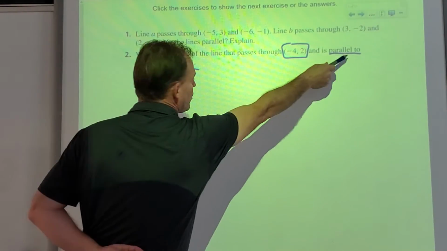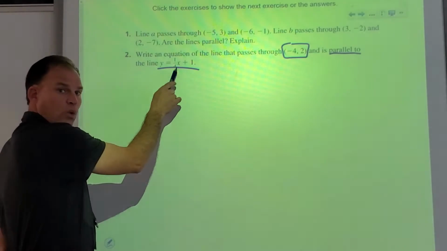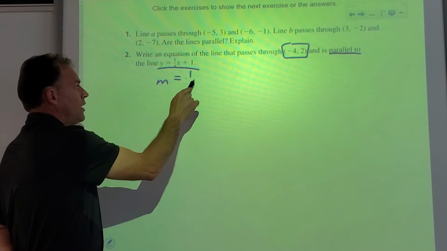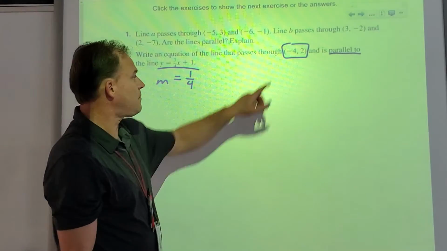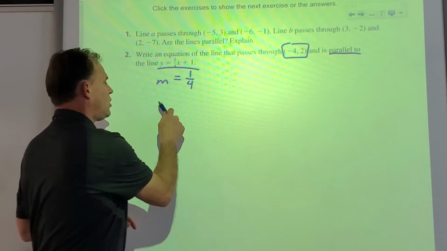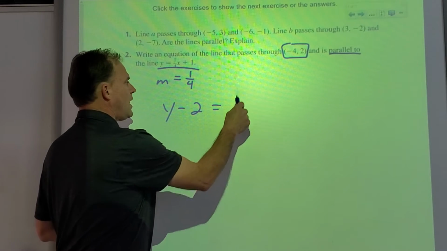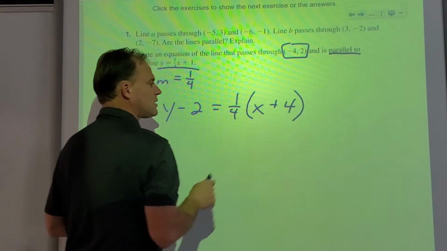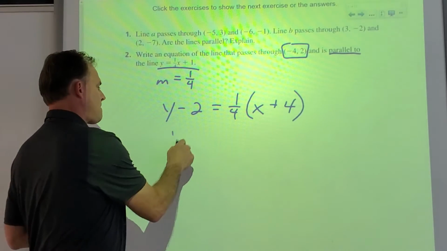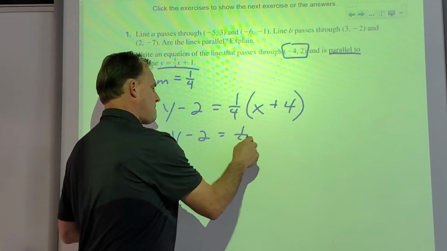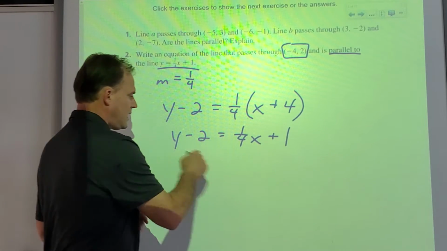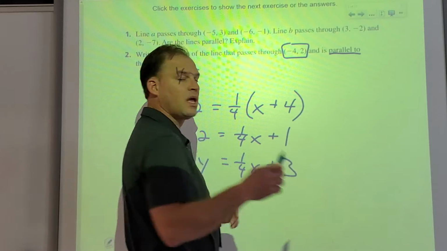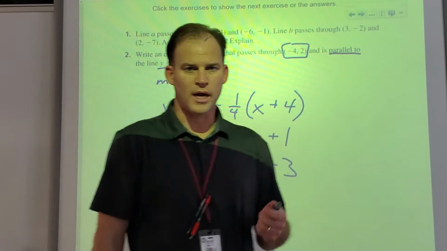If I am parallel to this line, what's the slope of this line? 1/4. So that means, here's my point, here's my slope, y minus y, x minus x. Distribute. Get y by itself. There's the equation. All right?